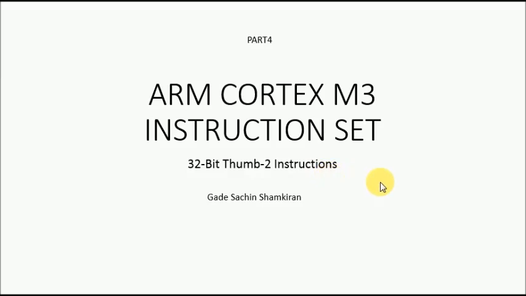This Thumb-2 instruction set is a superset of the instructions in the ARM Cortex-M3, compared with the ARM7TDMI. In the ARM7TDMI, we have two modes. One is the ARM mode and the second one is the Thumb mode. And we are required to change the state from ARM mode to Thumb mode or vice versa.